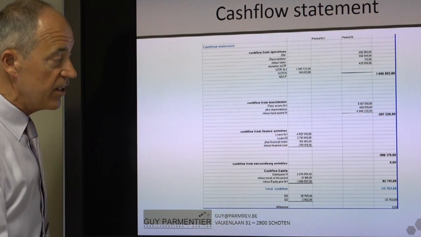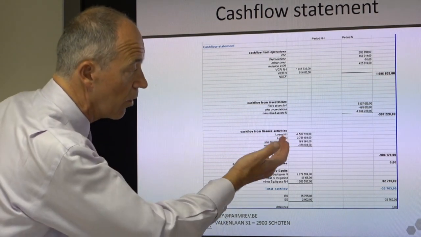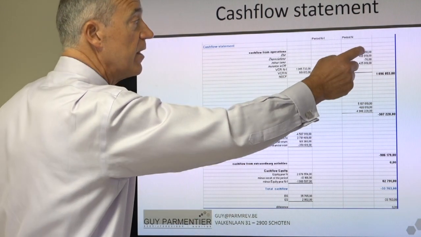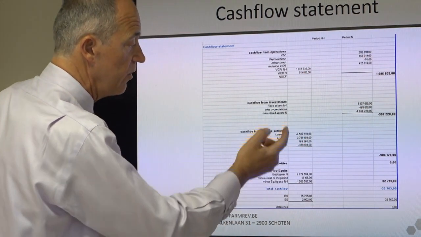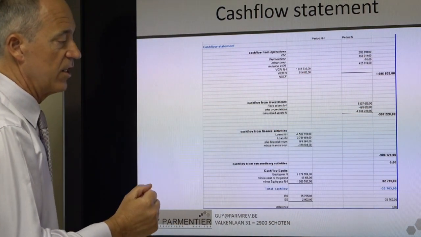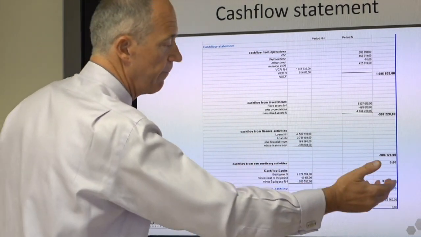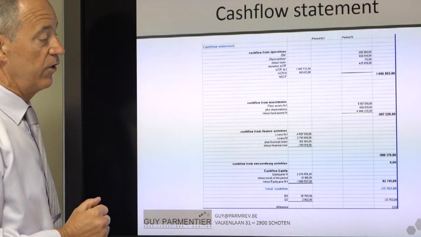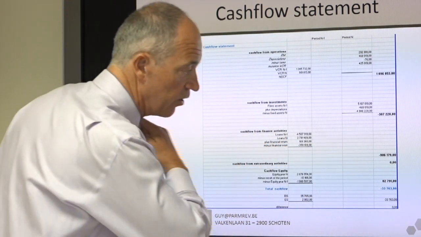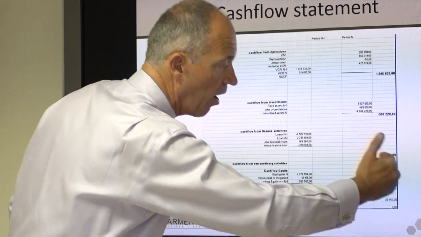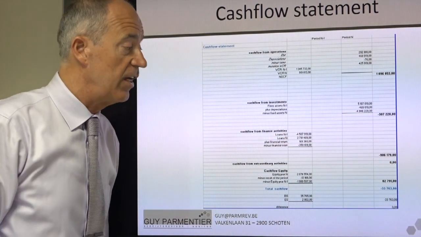You go to the liability side of your managerial balance sheet, that is your loans, you put them here. Your EBIT doesn't have your interest costs or returns, you put them here, and you have your cash flow from financing activities. You can have some mutation in your equity, put it here, a part in your cash flow statement, eventually some extraordinary results, and you will always have the right amount of the mutation of the cash in your company.